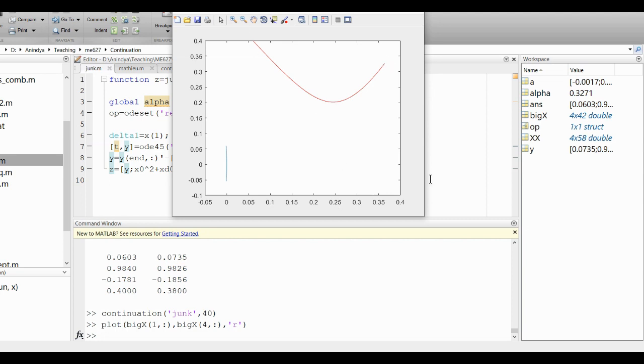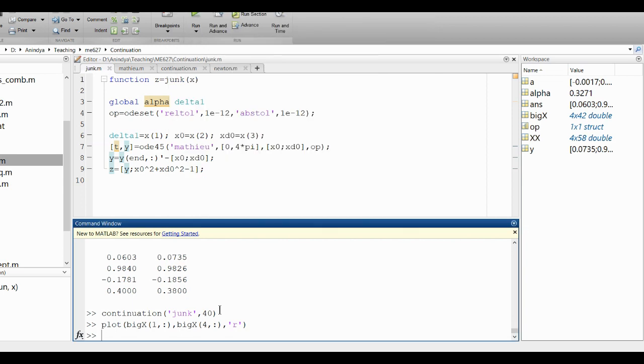Then there will be other graphs over here, for example at this point, let us say at this point here, there is a periodic solution. That is what we have done by construction. So for example, if I look at the very last point, there is a periodic solution. Okay, so let's look at that. So let us now say hold off, get rid of it.